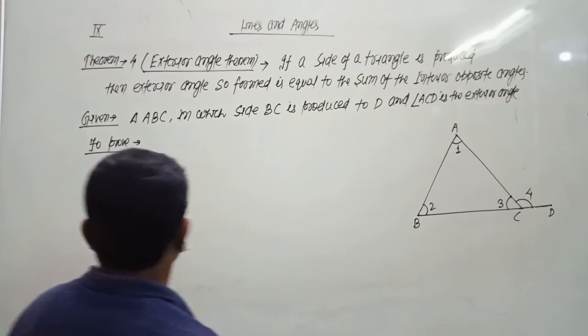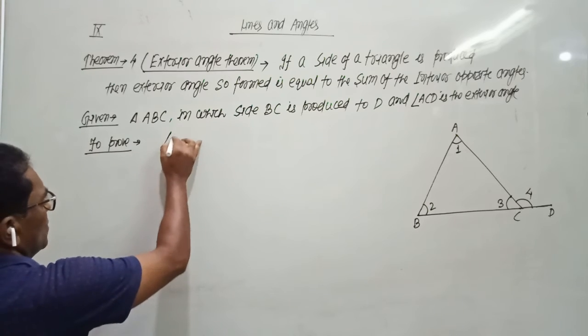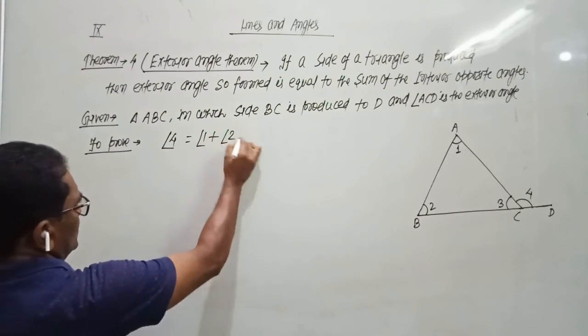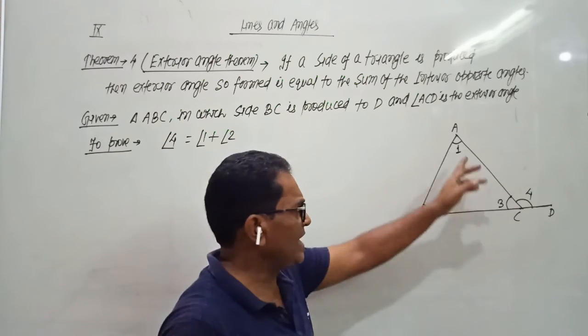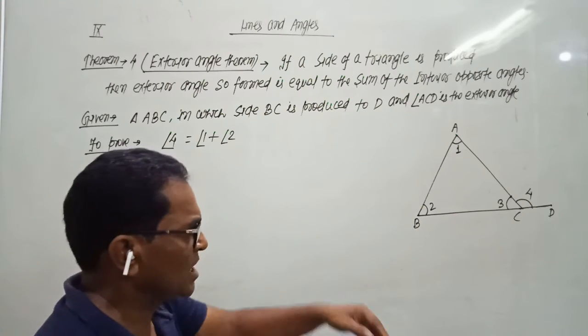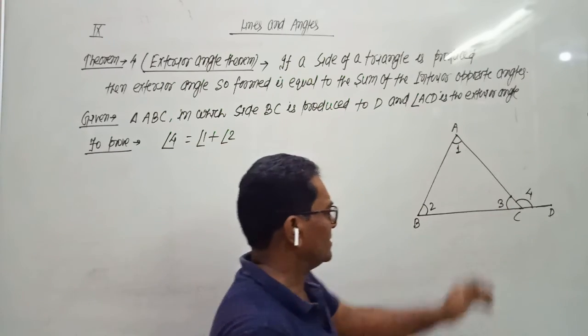Angle 1 and angle 2 are interior opposite angles, opposite to the exterior angle 4.